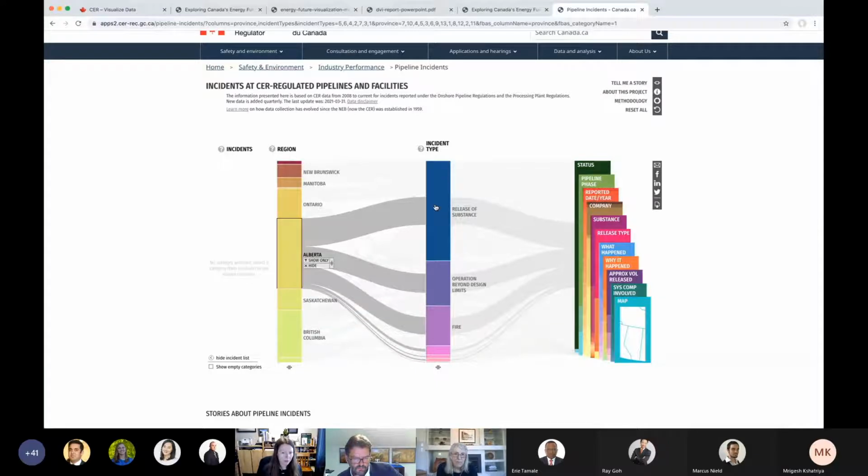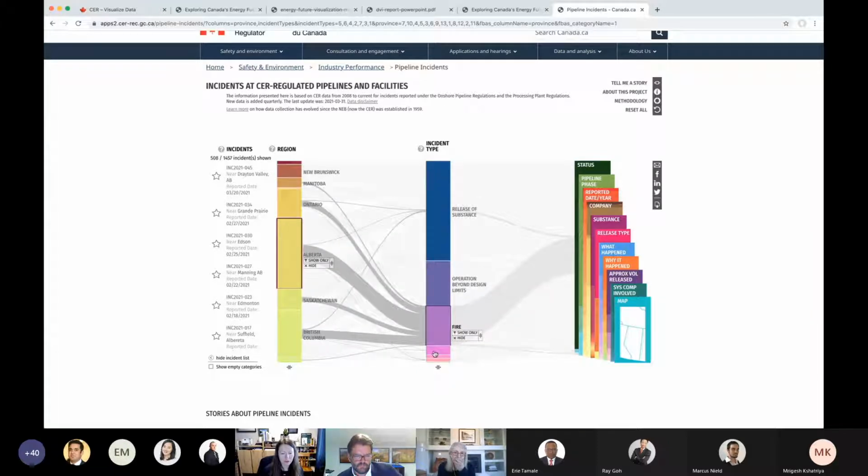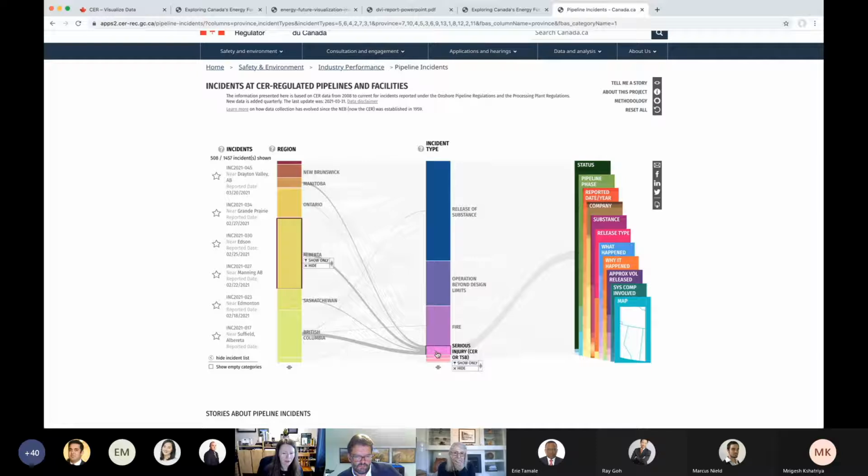How many were related to a release of substance, operation beyond design limits, which basically means something just wasn't operating as it was designed. So maybe it was slightly too high of a pressure or something. Whether there was a fire, and then as I hover over here, there are some other issues like serious injury, adverse environmental effects, and so on.